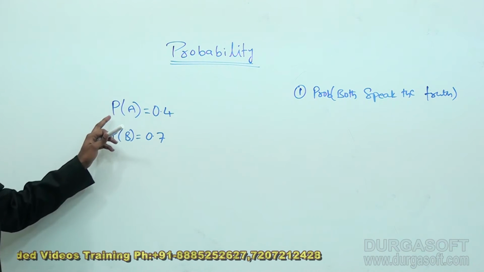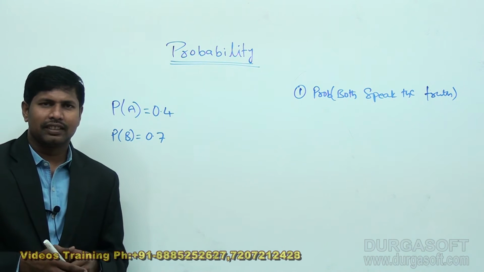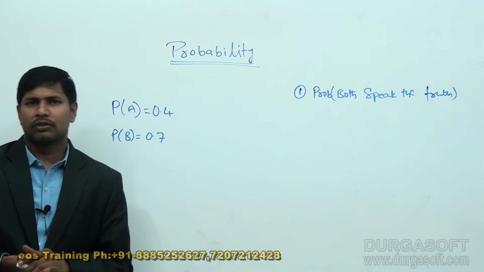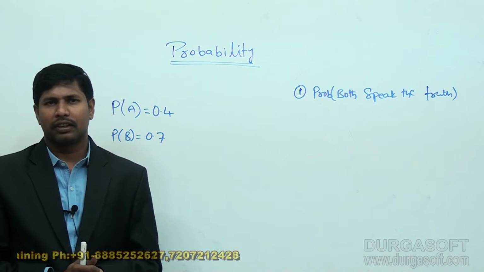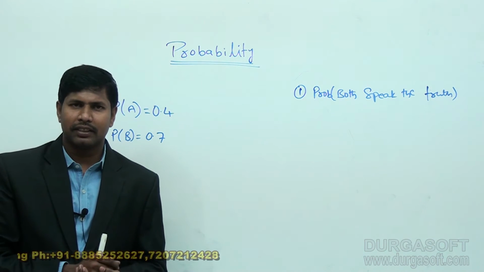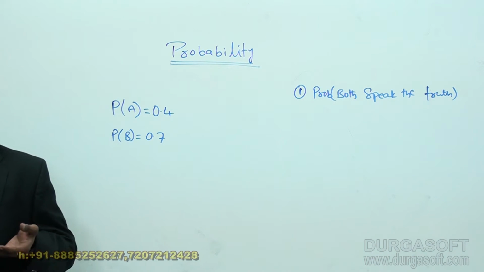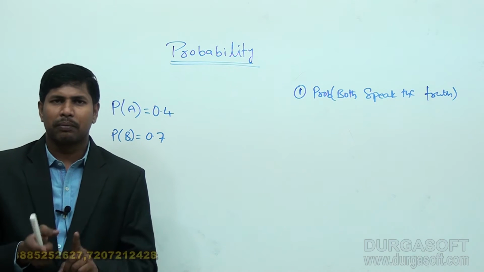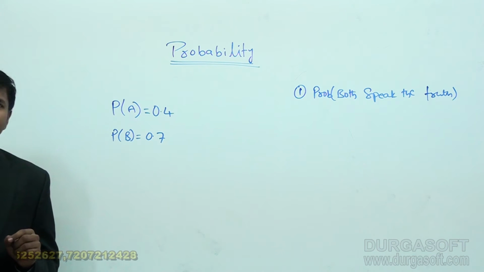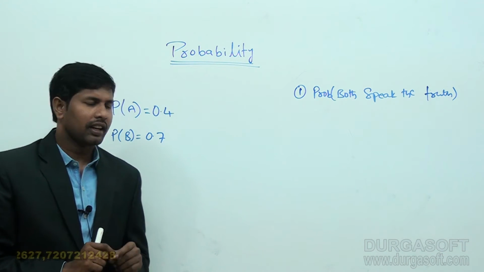Now when you consider these two events, A speaks truth and B speaks truth, both are independent events. What do you mean by independent events? When the result of one event does not depend upon the other, or the outcome of one particular event does not affect the outcome of the other event.